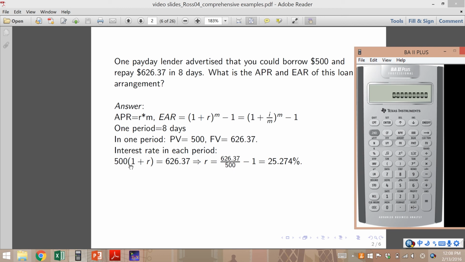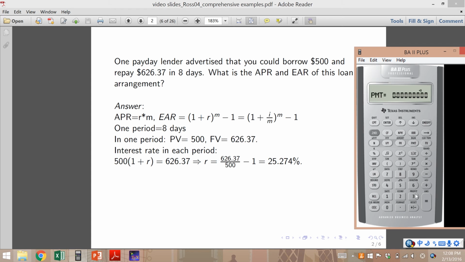So this N is 1, right? This happened in 1 period, so N is 1. I over Y we need to calculate. Present value is $500. Payment is 0, because we only have 2 cash flows.